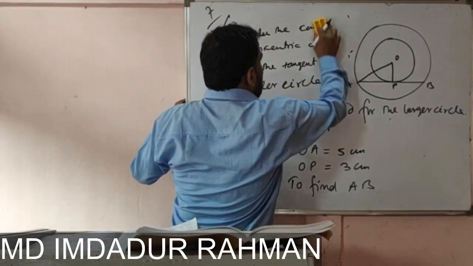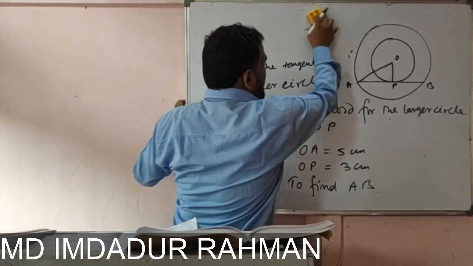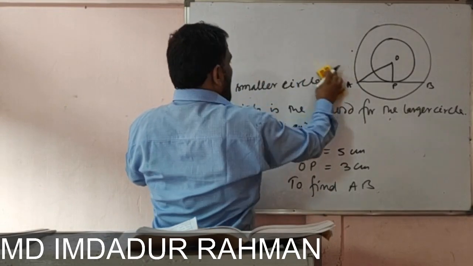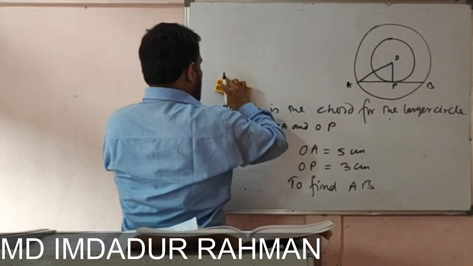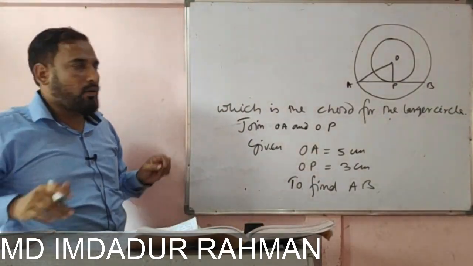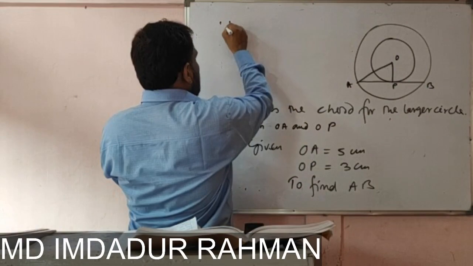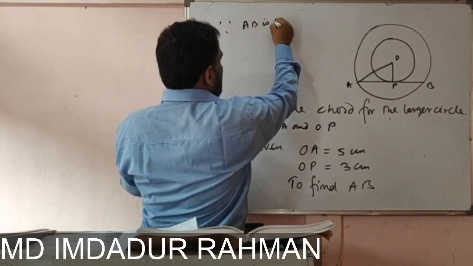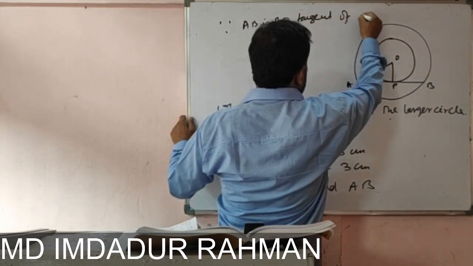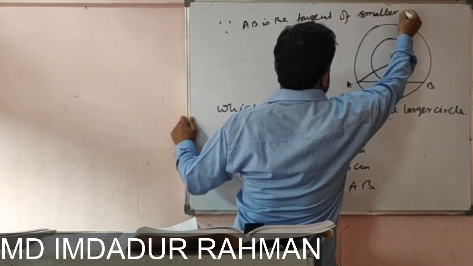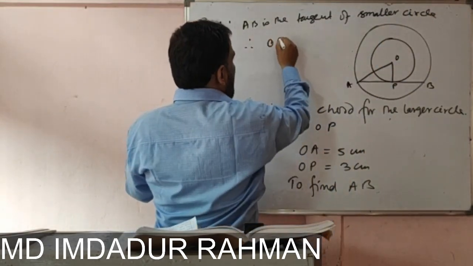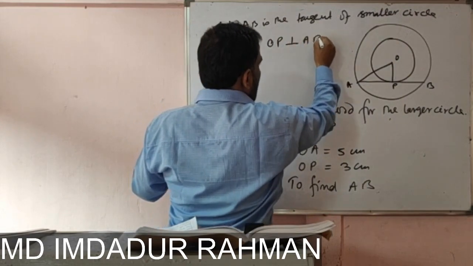So here we are getting the theorem or the properties of chord and tangents both. Since AB is the tangent of the smaller circle, therefore what can we write? OP is perpendicular to AB.